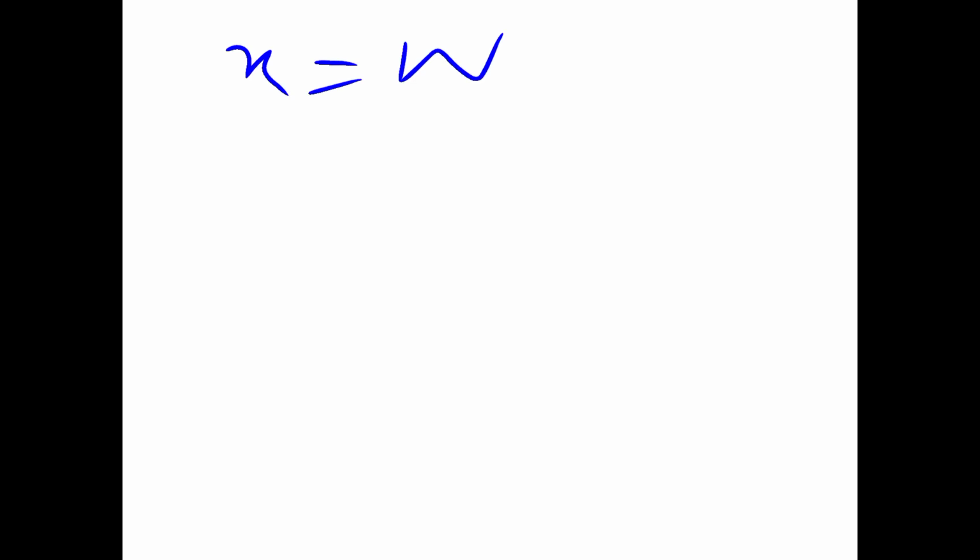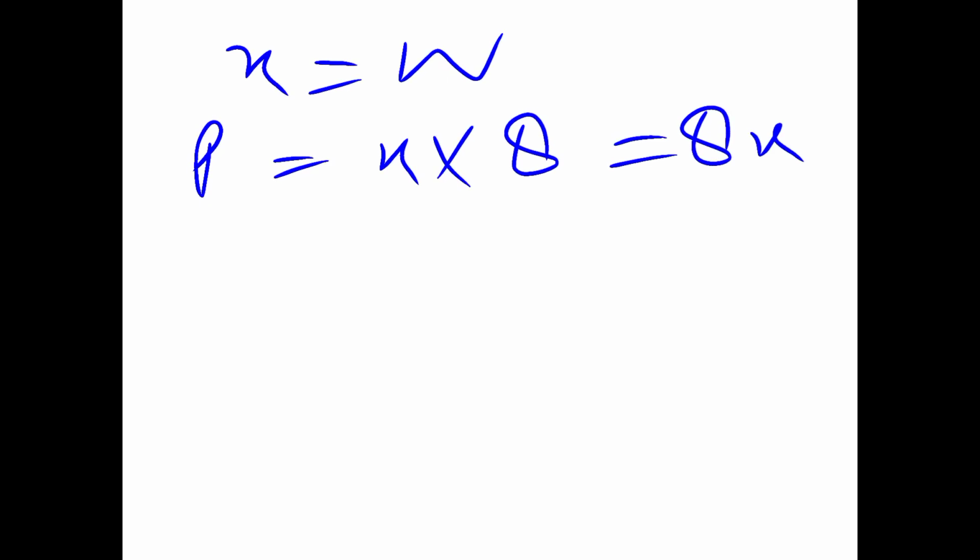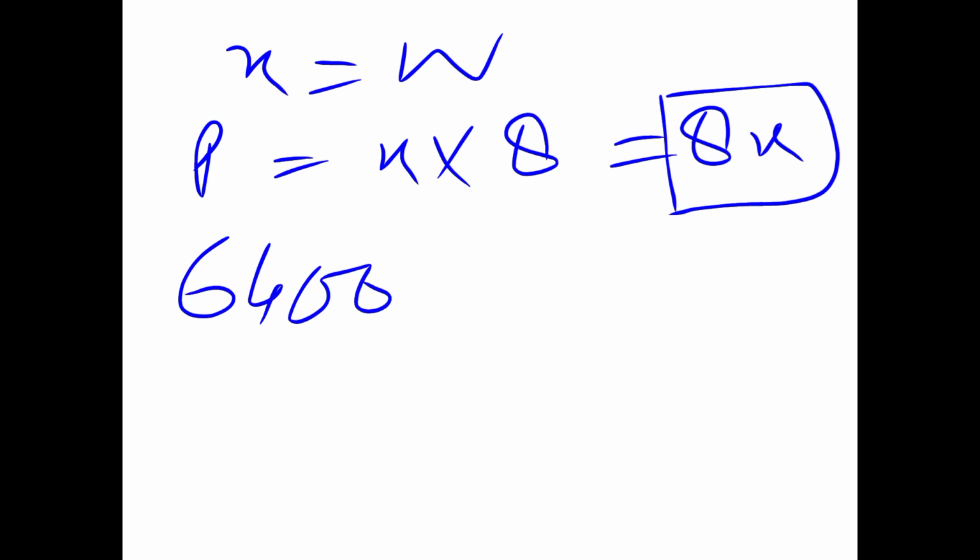Then what will be the profit? Profit will be X into 8, that is equal to 8X. Now the grey cement bags, how many did the company sell? 6,400, right? So what will be the loss?